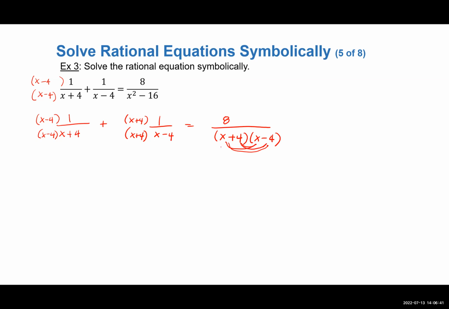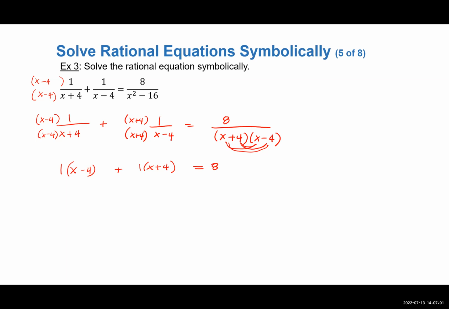So basically we would have the same denominator across the board. Once you have the same denominator, you can disregard the denominator. And so on the top of this first fraction, you'll have X minus 4 times 1 plus 1 times X plus 4 equaling 8.